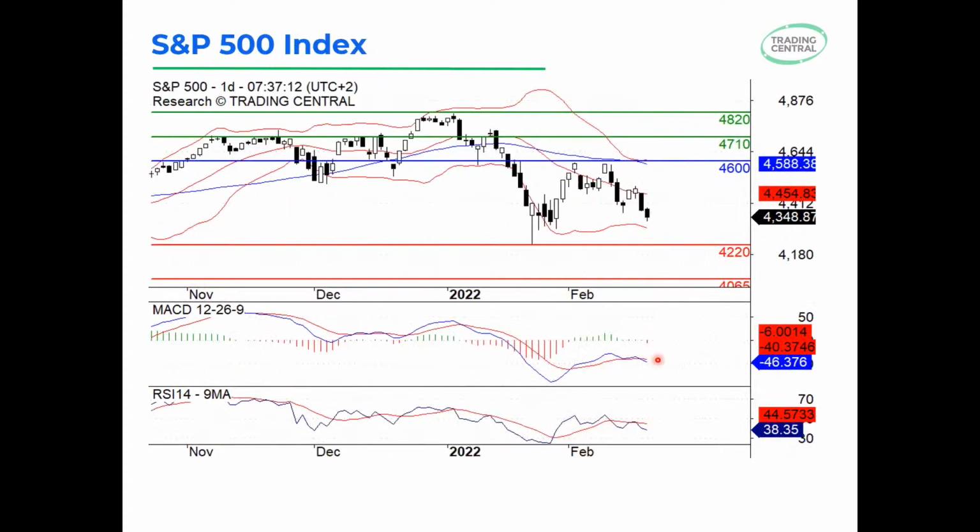Next one, the S&P 500. We have made a 12% correction, and the index is now below both its 20-day and 50-day moving averages. Same, the momentum is pointing to the downside.